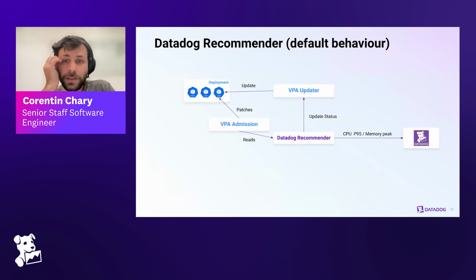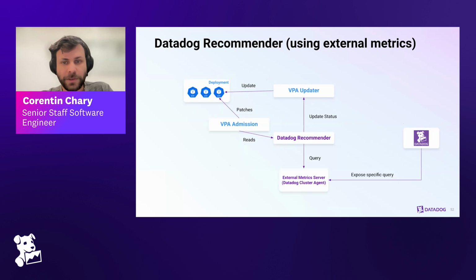So the Datadog recommender with its default behavior will look at P95 on the peak memory usage for the past 8 days for the active VPAs. And the users can also configure the percentile or the window of time using simple annotations in their VPA configuration.